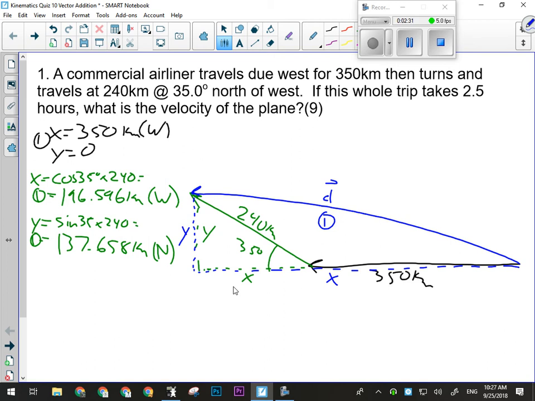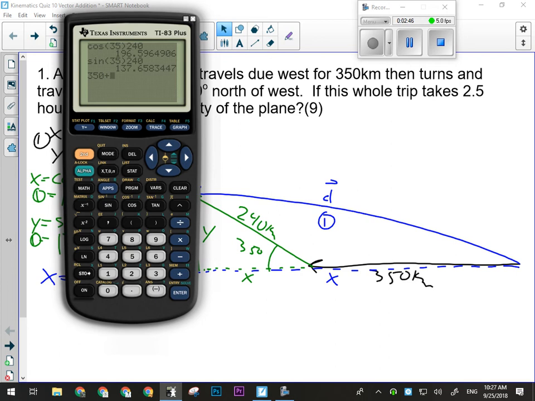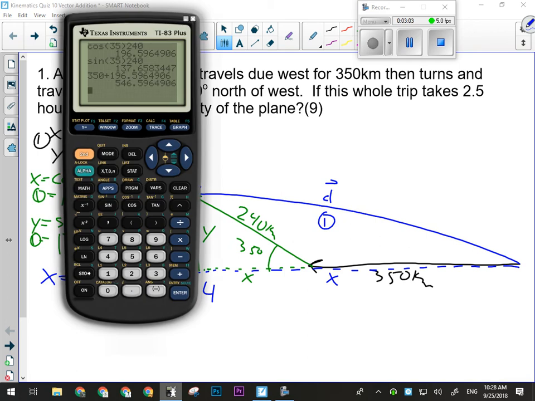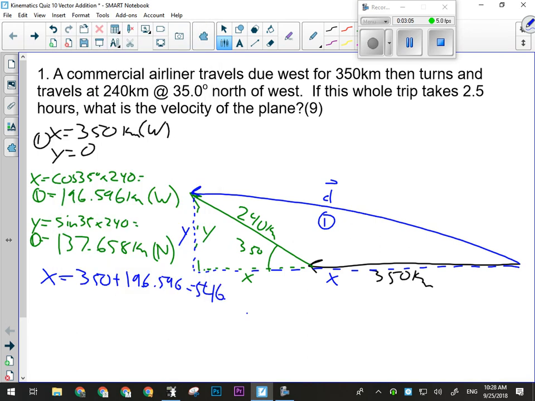Okay, so resultant X, okay, blue X is going to be 350 plus the 196.596, okay, which will give us 546.596 with all those other decimals. 546.596 kilometers west.